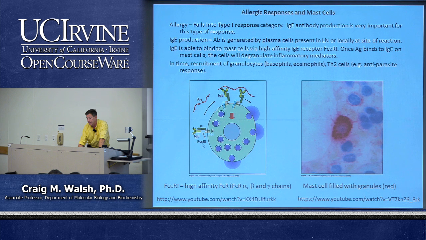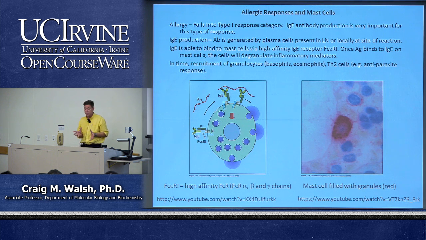It's the Fc epsilon receptor 1, which is made up of 3 different chains: an alpha chain, a beta chain, and a gamma chain dimer. The binding of IgE bound to an allergen activates this receptor complex, and that leads to what's called mast cell degranulation.